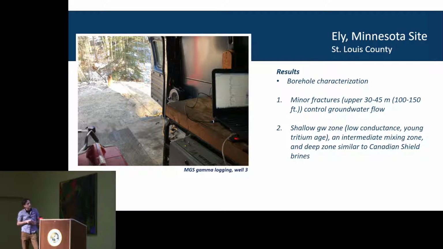They also went in and collected water samples with depth and hit it with a hydro lab, or I forget the name of it. And coupling the minor fractures with that data, they found basically low conductance water near the surface and young tritium ages. And then as they moved to the bottom of the borehole, they found really brine influenced, old water. And then there was just intermediate mixing, and that really mixes depending on what's coming in from rapid recharge and then just how often they're running that pump.